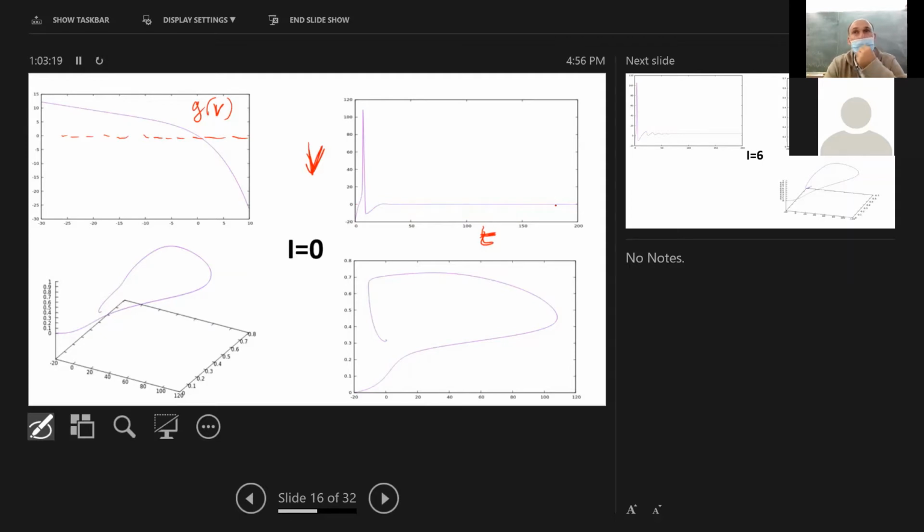So I need 4 values to start, 1 for v, 1 for n, 1 for m, and 1 for h. Okay, so this again, here, all right.